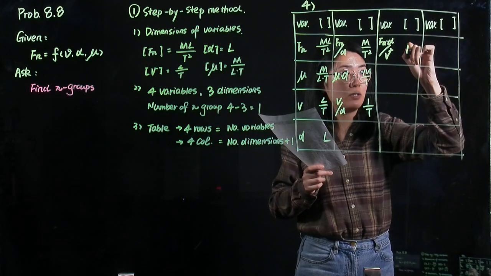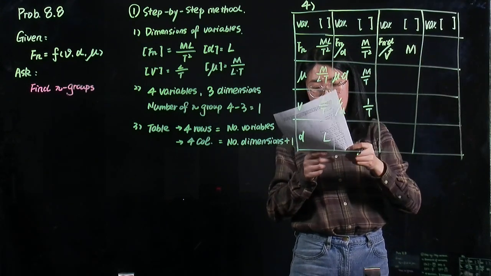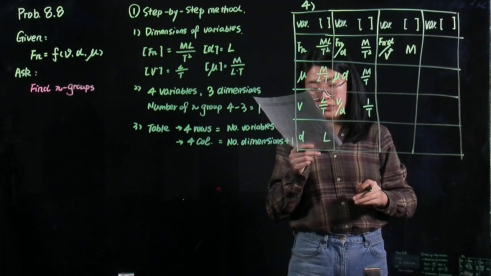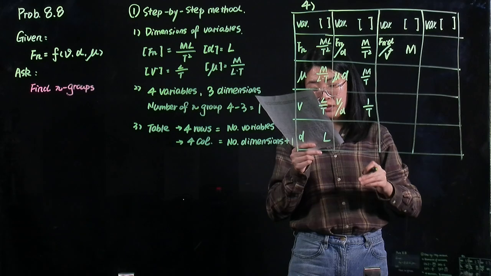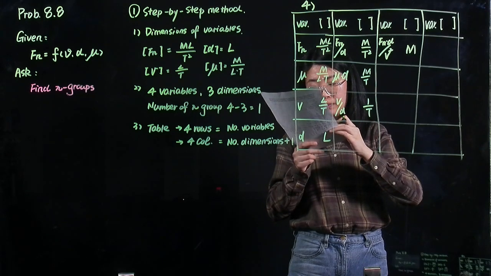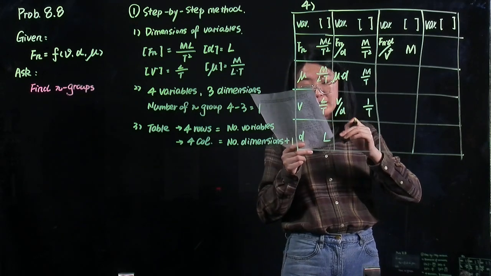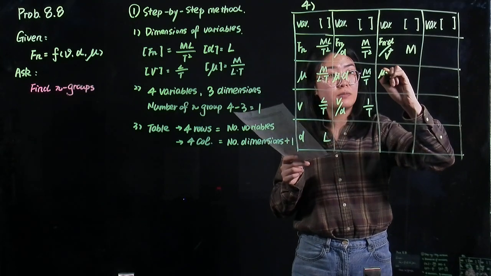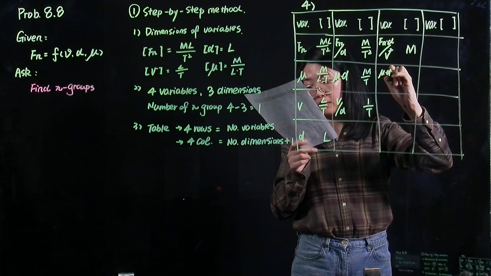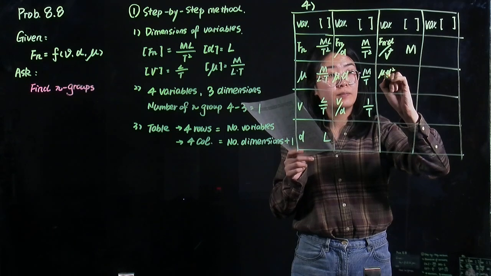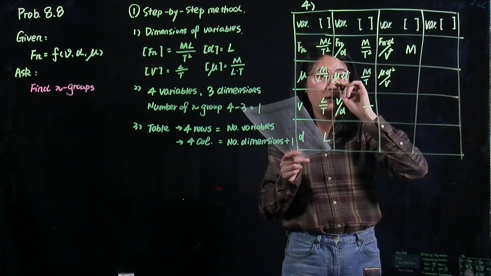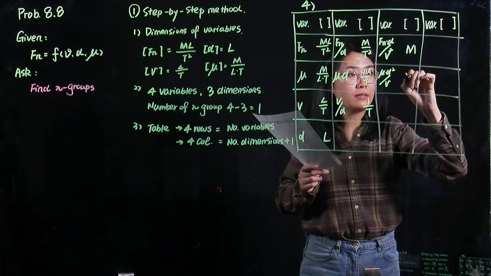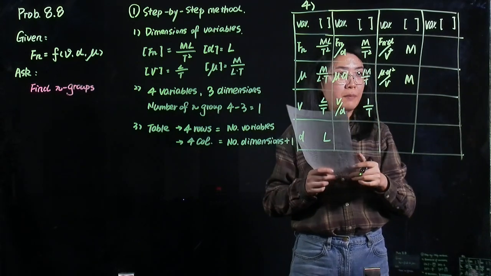So the dimension is M. And for this case, we divide mu D by V over D, which is mu times D squared over V here. Okay, so then its dimension is M.